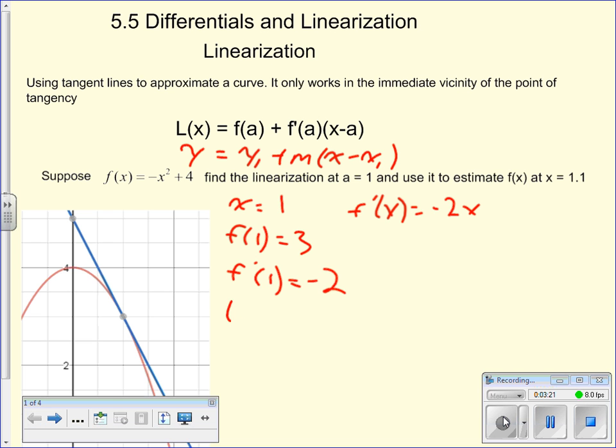So my linearization, L of x equals y sub 1, or my y coordinate, 3, plus negative 2 times x minus 1. And to make it all pretty, you should rearrange it and simplify it and put it in mx plus b form, right?